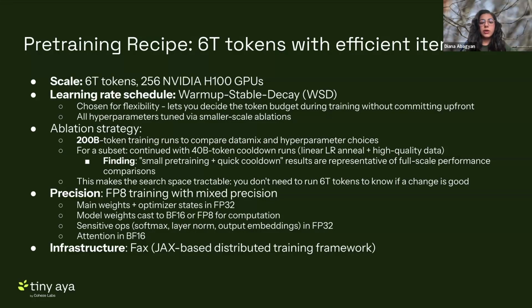And sensitive operations like softmax, layer norm, output embeddings are in floating point 32, because the more information, the better. And attention is in BF16. Later, after training, we cast to BF16. And all of this is being done on FAX, which is based on JAX, a distributed training framework.